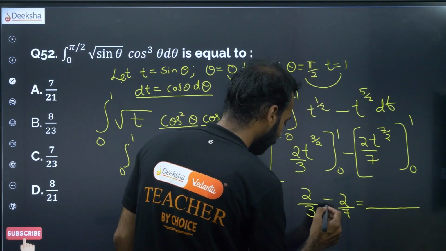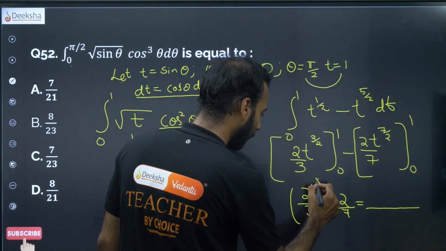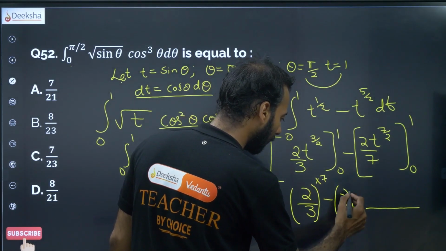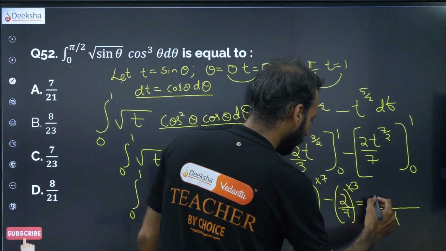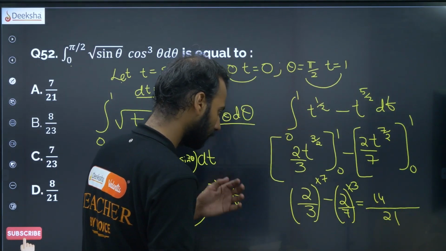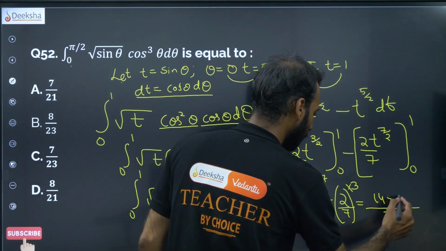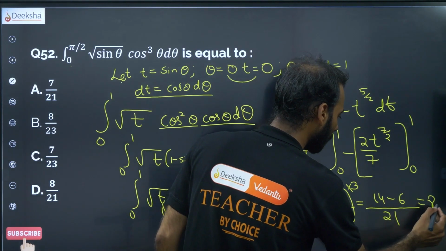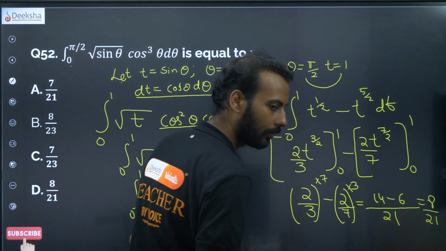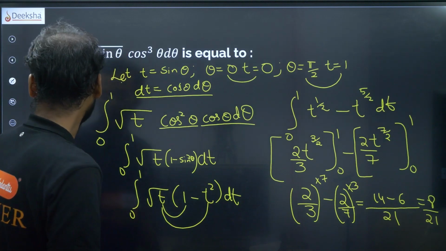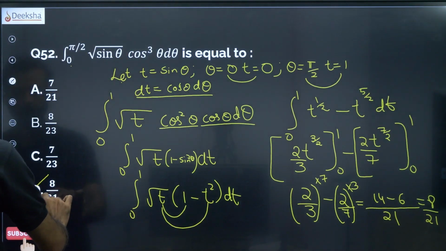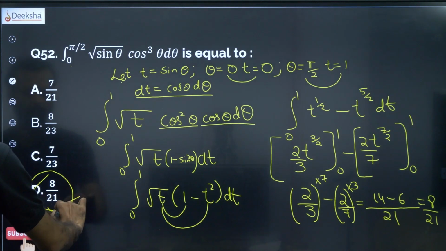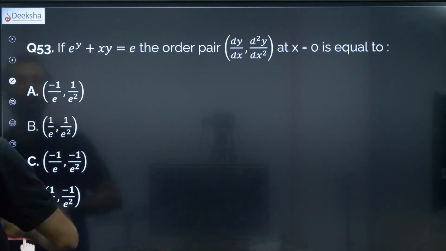So for the LCM, I will multiply this term with 7 in numerator and denominator: 14 minus 6 over 21 is equal to 8 by 21. D is the answer.